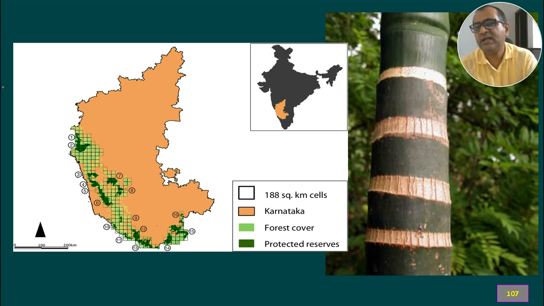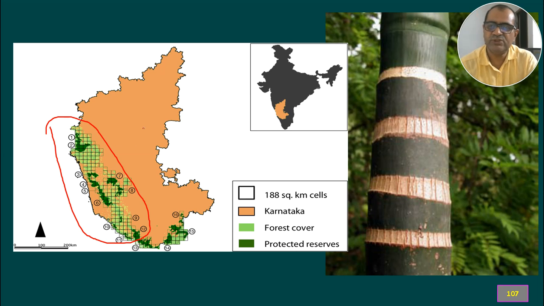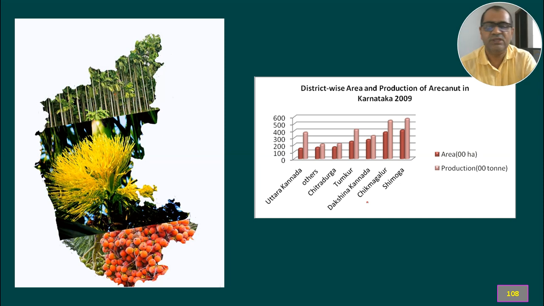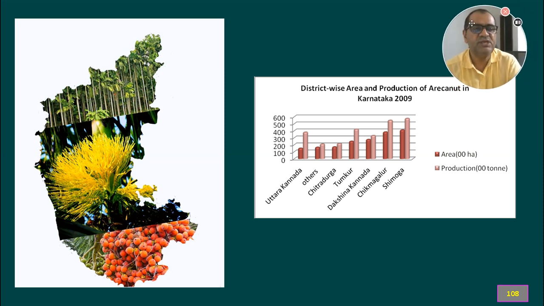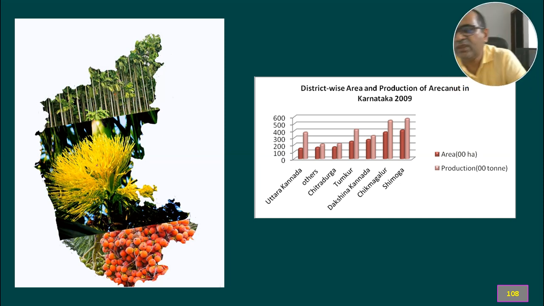And you can see this is the area in Karnataka where areca nut is especially grown, and apart from this, the northern part of Karnataka has also started growing areca nut. Around 128 square kilometers are covered in Karnataka.